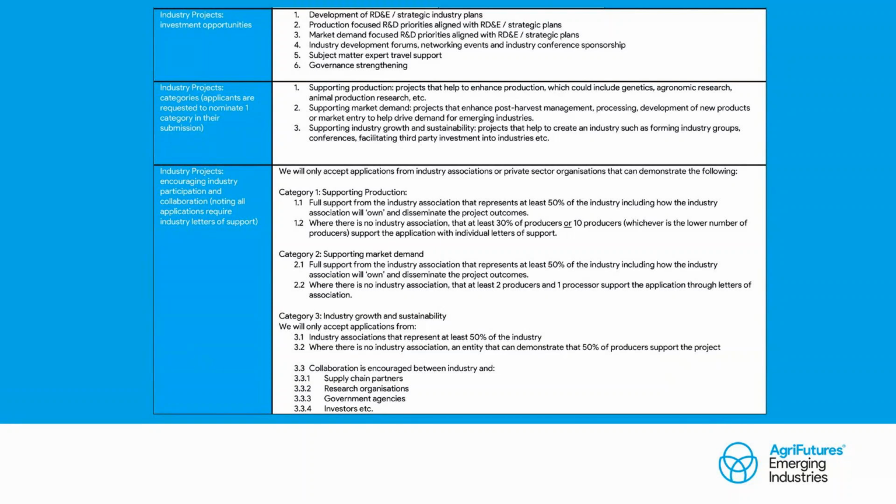That's why we've said, for production type industries, we need more producers. When we're supporting market demand, it's more making sure we've got a mix of producers, processors and supply chain partners there, so that we've got some confidence that there's actually interest in progressing commercialization afterwards.